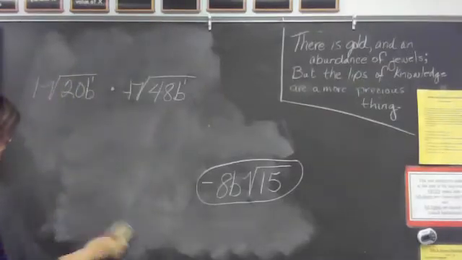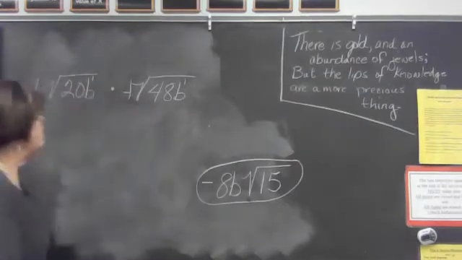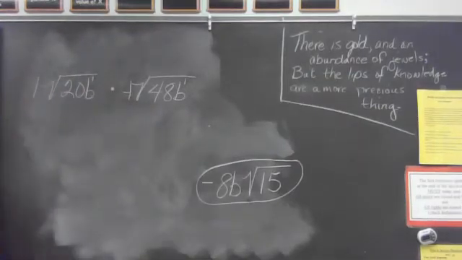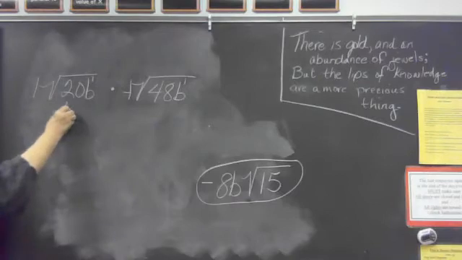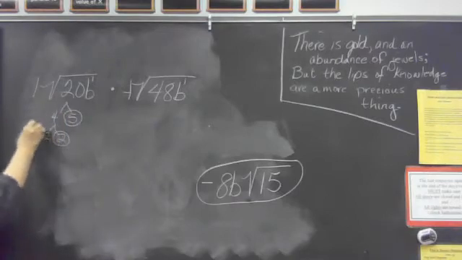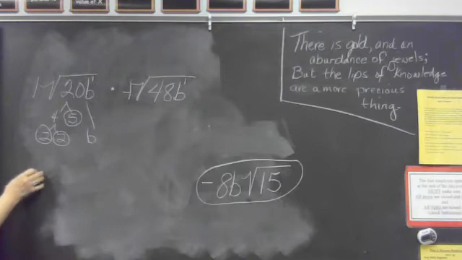So we're going to do the same problem again, but this time, let's simplify each one of them by themselves. Okay? So over here, I have 4 times 5, 2 times 2, and a B. And so my simplified over here is going to be 1.